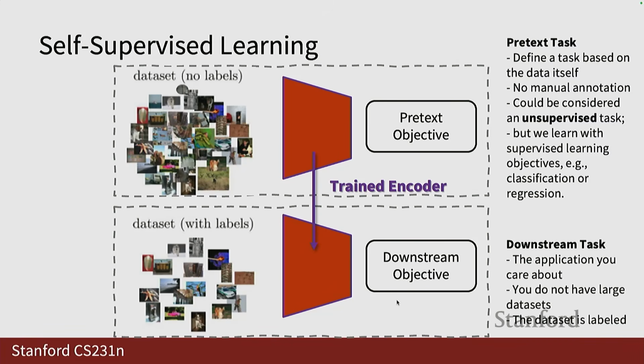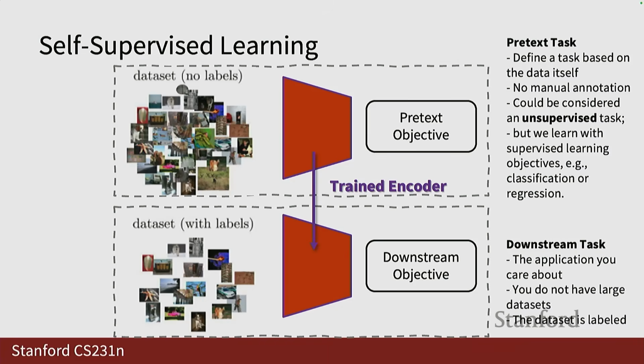So here we want to define a pretext task, a task that is general enough to be able to learn some good features from the images, and then use that encoder to solve another problem, what we call the downstream task or downstream objective, which is the application that you care about.